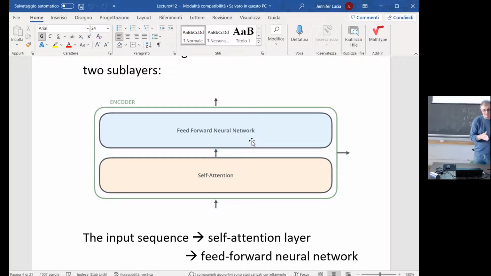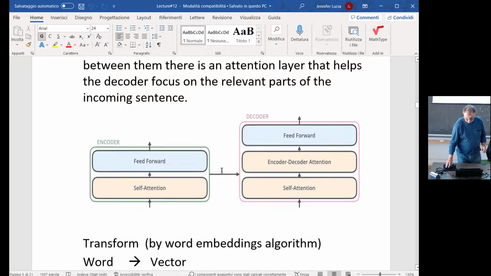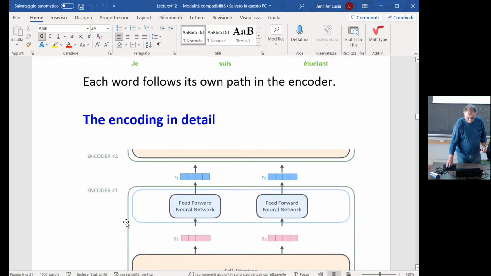So we have some coefficients whose sum is equal to 1. What is the name of this activation function?